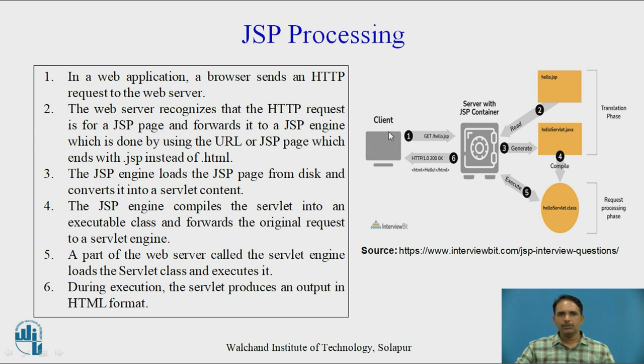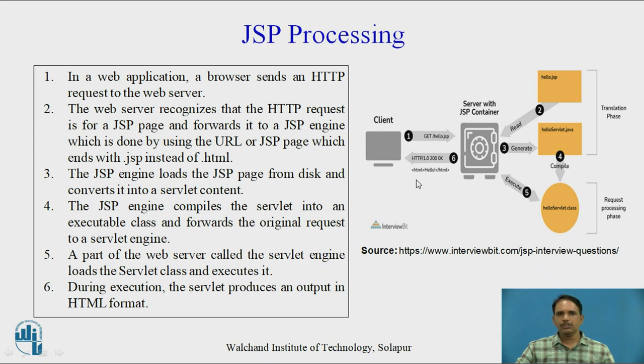Upon getting this request, the web server recognizes that the HTTP request is for a JSP page and forwards that request to the JSP engine. Now the JSP engine will locate that particular file or JSP page which ends with .jsp instead of .html.